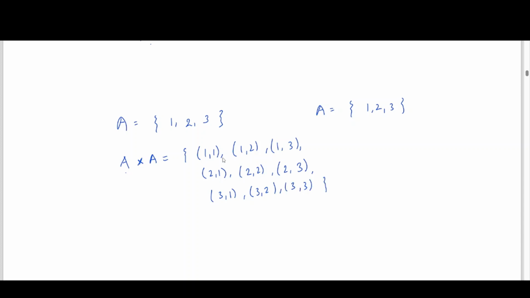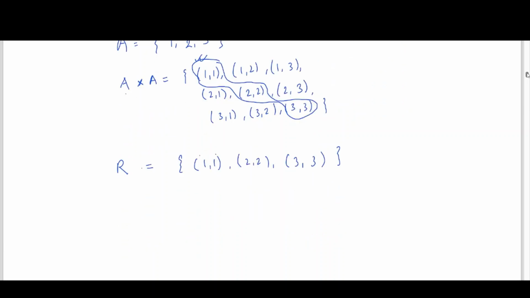Basically, the elements in which the first and second element are both the same are called the reflexive pairs. If I make a relation R from A cross A which contains these elements, (1,1), (2,2), (3,3), all these pairs present in the relation, then that relation is called a reflexive relation.